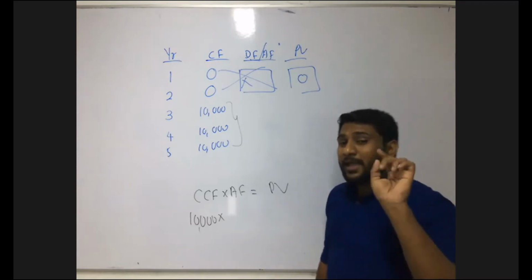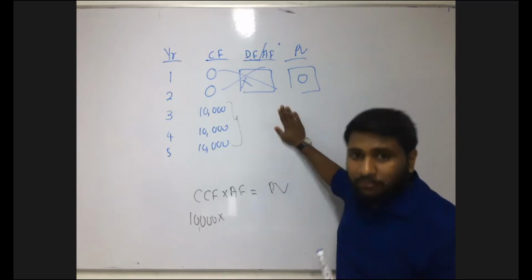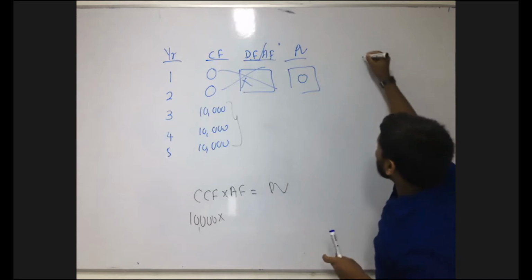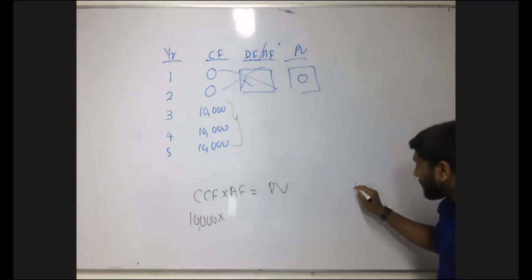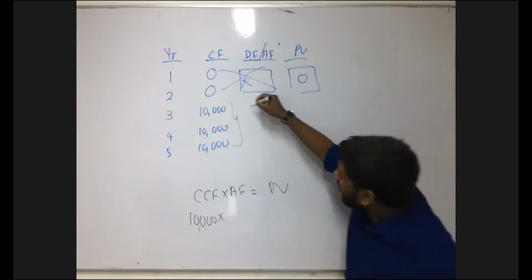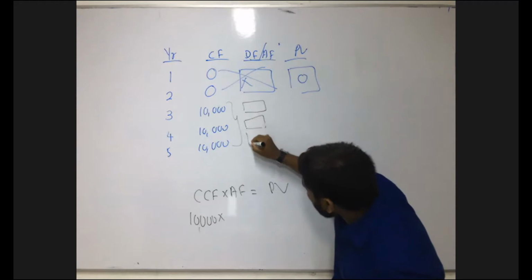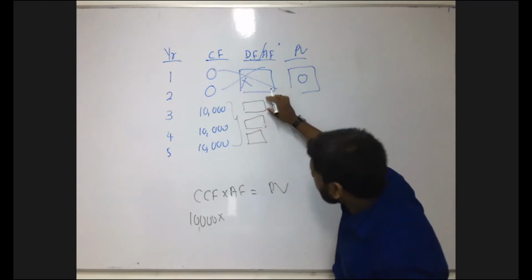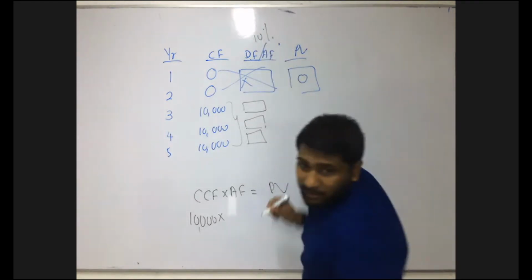That's why I said you have to understand this perfectly. For this question, you need the addition of the discounting factors of year 3, year 4, and year 5 under 10%.